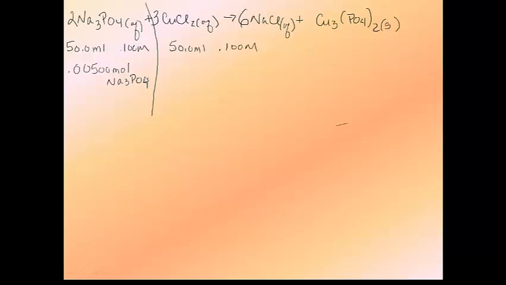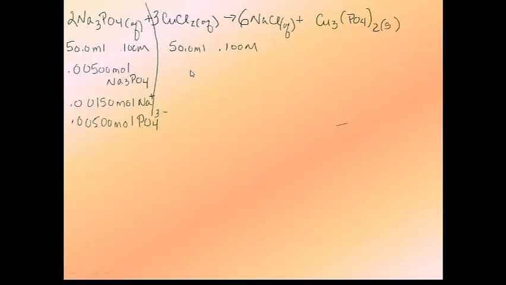Now, just logical thought, this is before mixing. If you have 0.00500 moles of the compound, and the sodium ion is a 3 to 1 ratio to the compound, that means you are going to have 0.0150 moles of the sodium ion, which is a spectator, obviously, and you will have 0.00500 moles of the phosphate ion, which is responsible for the precipitate.